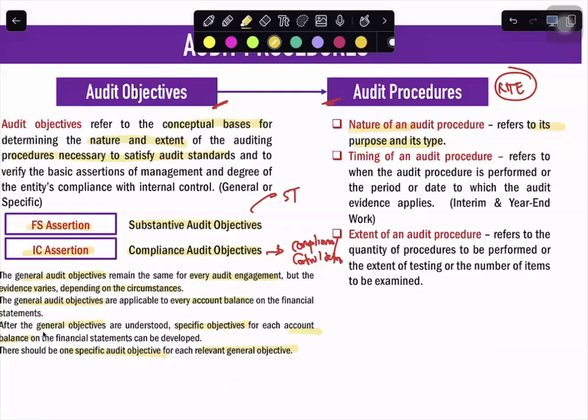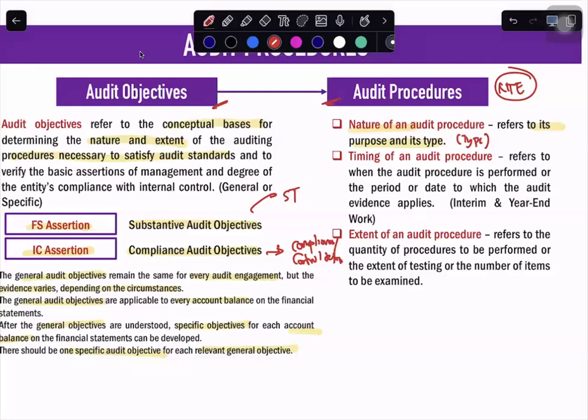So mostly, this includes your trifecta: inquiry, observation, and inspection. So those are the different types of audit procedure. It could also be tracing, reperformance, vouching, etc. So nature of audit procedure talks about the type of audit procedure.